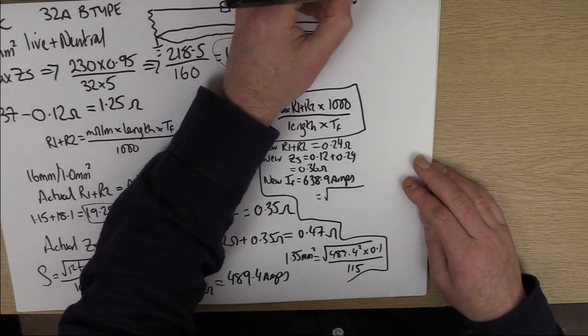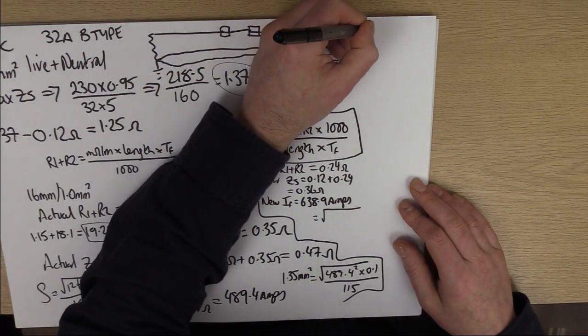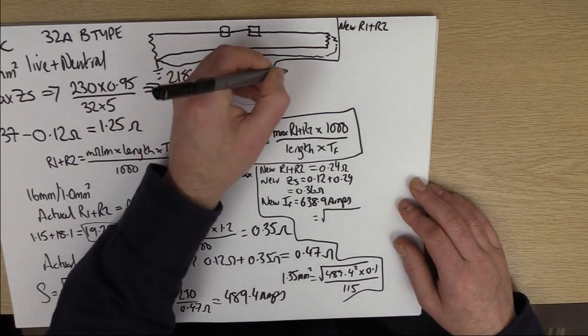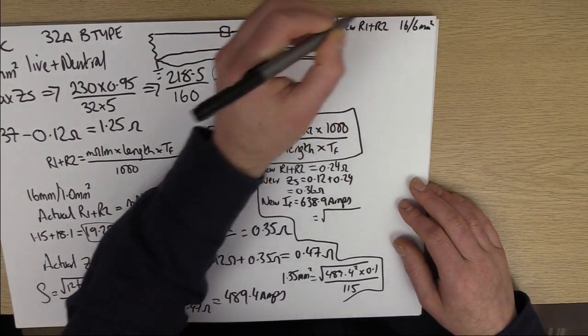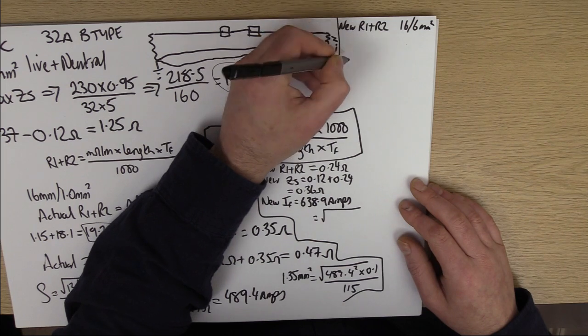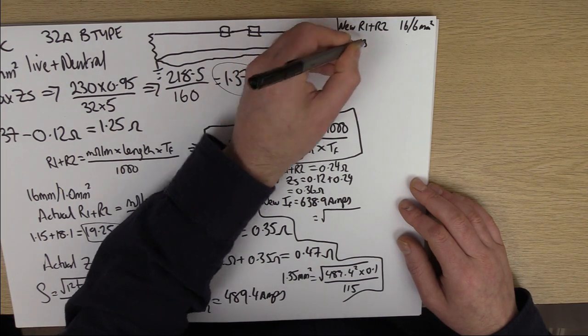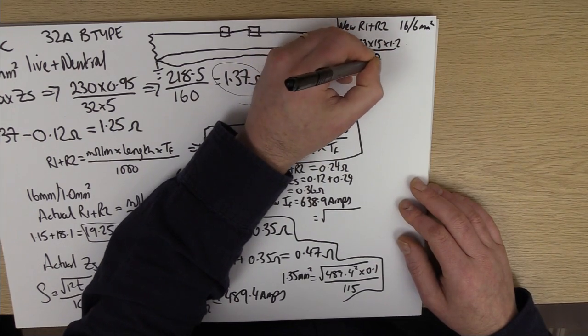Now I'm kind of running out of space. So with new R1 + R2, this is with a 16 and a 6mm CPC. We've got a milliamp per meter for 16/6mm of 4.23, times length, times temperature factor, over 1,000.